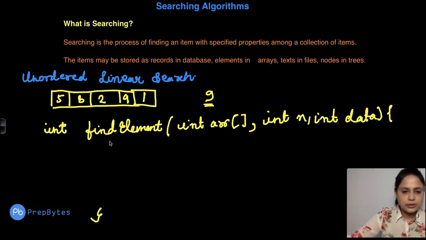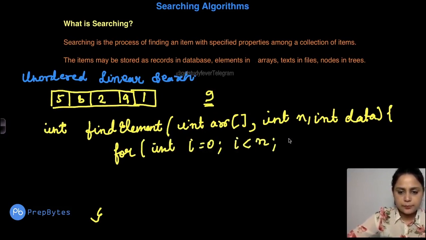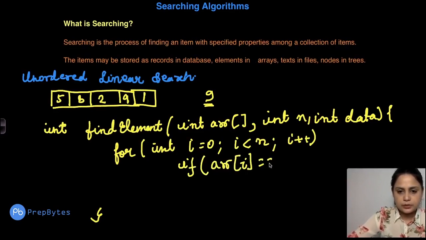So what I'll do is I'll run a loop for int i equal to 0, i less than n, i plus plus. I'll check if array of i is equal to data, we simply return i.